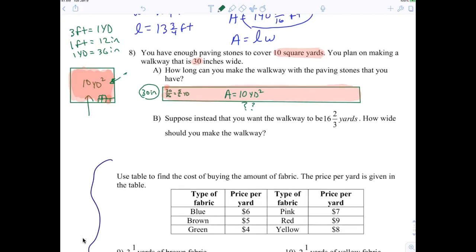So this area, I'm going to say it one more time. This area right here is the same as this area right here. So this long rectangle has an area of what again? 10, not yards. We're going to say it right, 10 square yards. Now, what's the formula for area of a rectangle? Length times width.